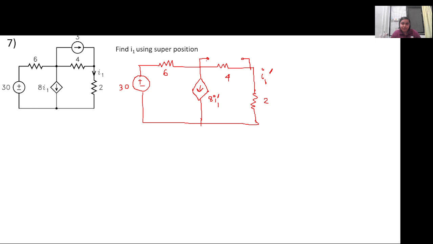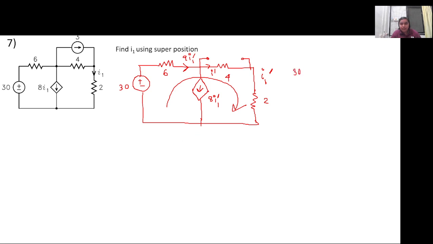So I1 dash current is flowing here. 8 I1 dash current is flowing in this branch. What will be the current in the 6 ohm resistance? It would be 9 I1 dash. So now we can apply KVL in this loop to solve for I1 dash.